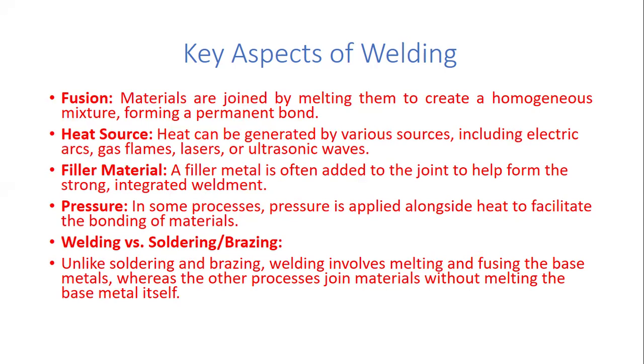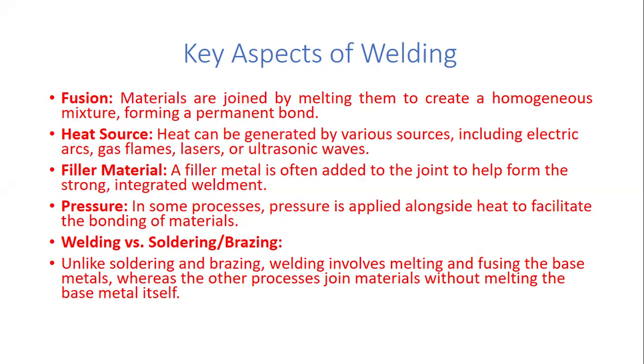With the help of that, we can join the two parts. Next, filler material. Filler metal is often added in order to combine the two materials as a permanent joint, forming a strong and integrated connection between the two material interface surfaces.